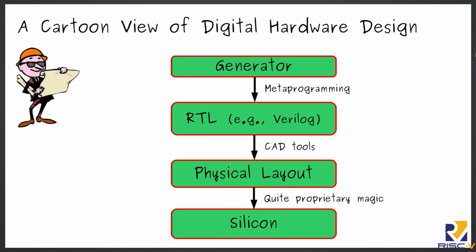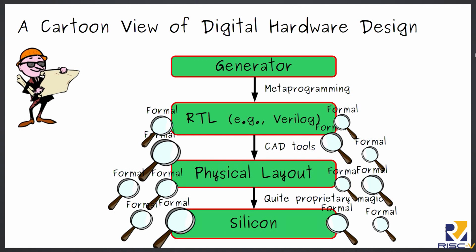So here is the view of the hardware design process that I have as a relative neophyte to that world. We have some sort of generation process, whether it's Chisel or Perl scripts or whatever, that's going to produce some RTL code for us. And then we use a variety of CAD tools to get that down to the lowest levels of a workflow. So my understanding is that we have formal verification applied in many places throughout this picture, but they're sort of biased towards the lower levels of the way I've drawn things.